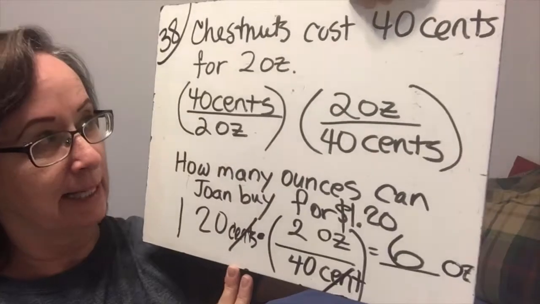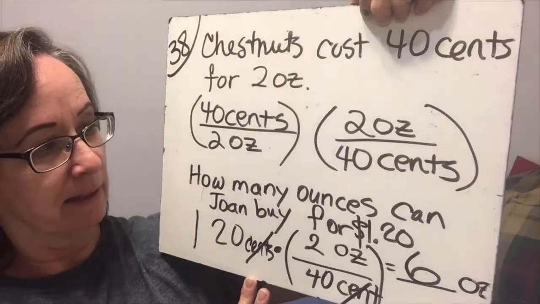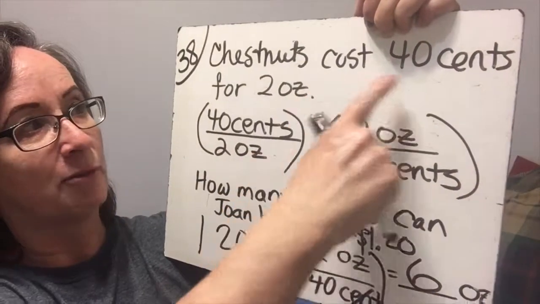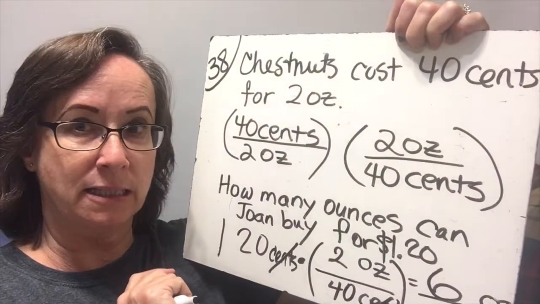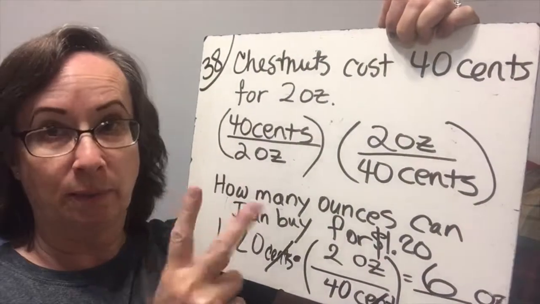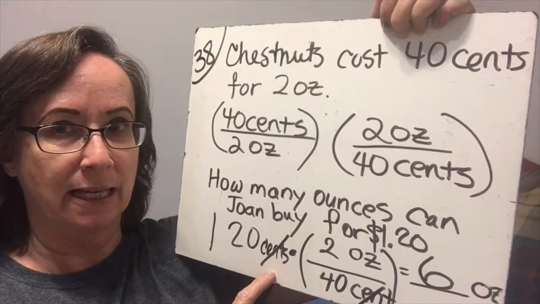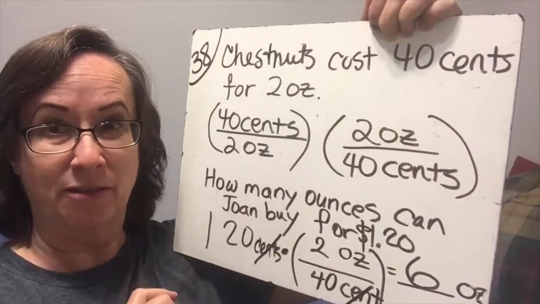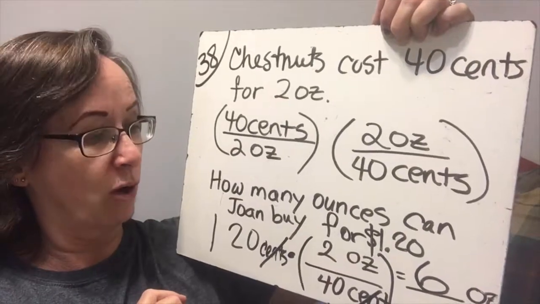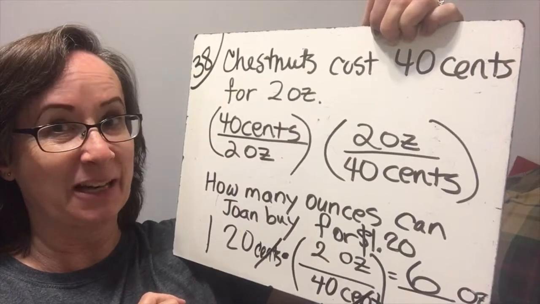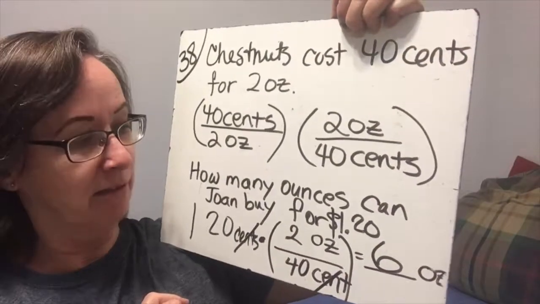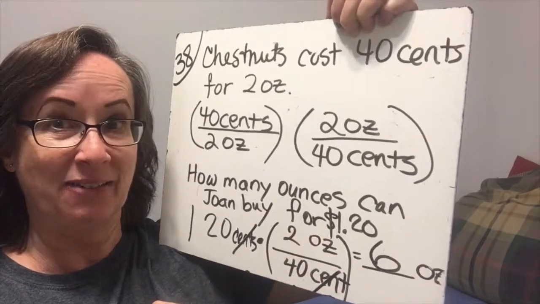Now, does that make sense? Let's go back, right? We had 40 cents for 2 ounces, and 120 cents is 3 times the 40 cents. So doesn't it make sense that the number of ounces that we could get out is 3 times the 2 ounces?